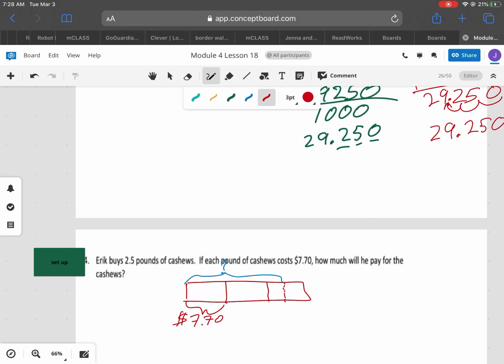Cashews are expensive. So hopefully you see what you need to do. So it's $7.70 times 2.5. It's very simple. It's what we're doing up there. So do your best. May the force be with you.